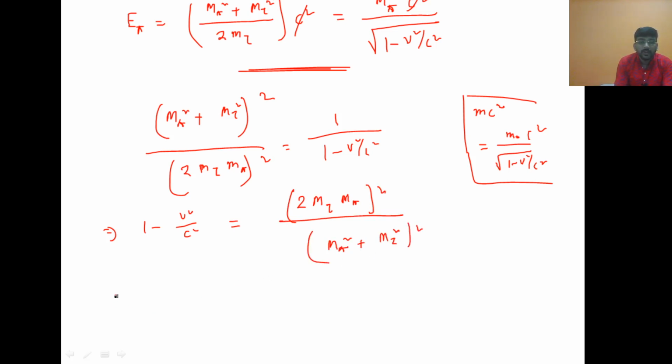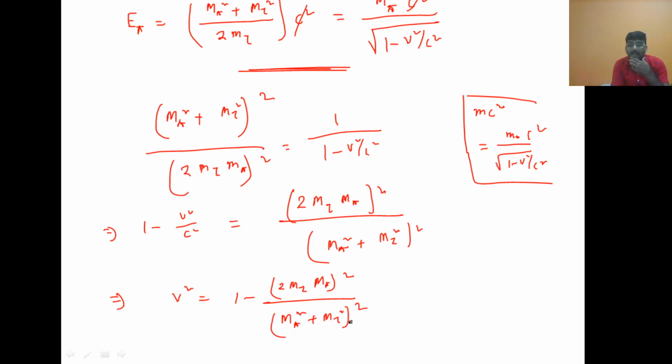So v square will be 1 minus twice m tau into m pi, whole square, divided by m pi square plus m tau square, whole square, into c square.